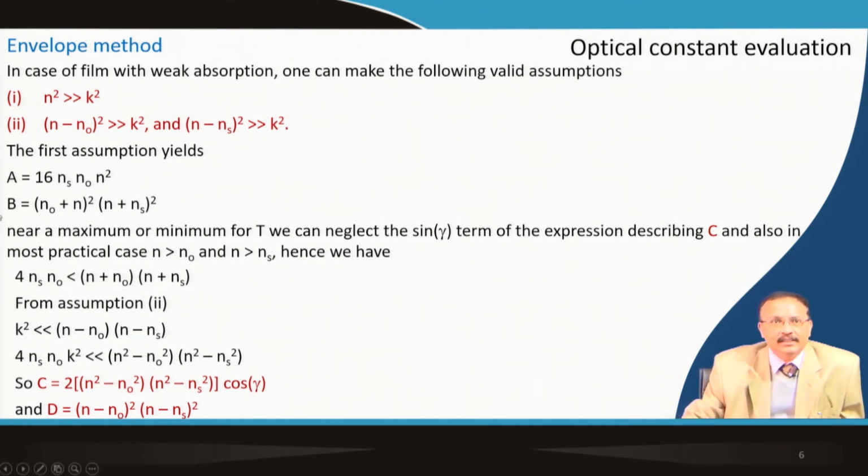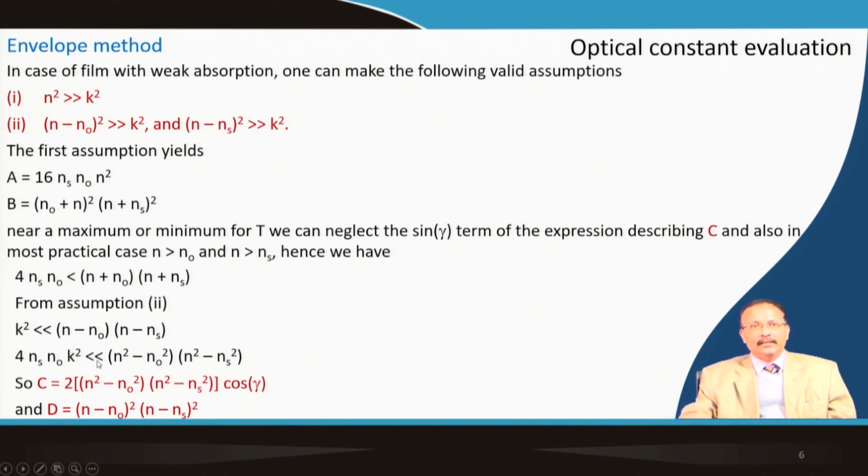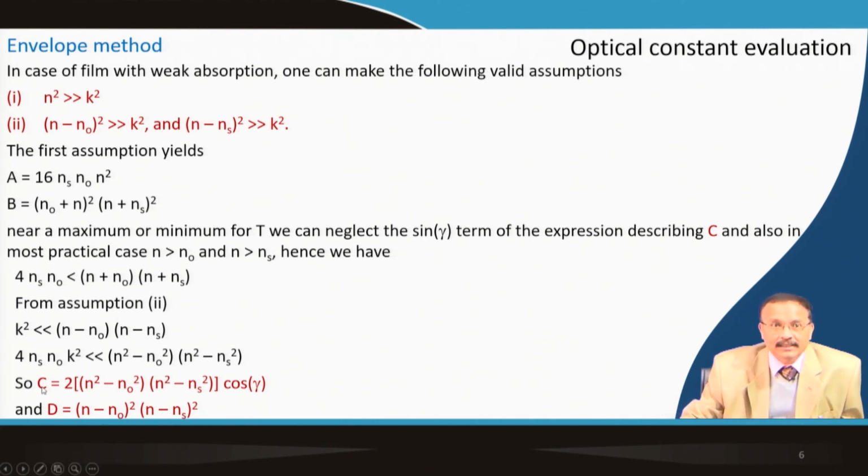So, if you fulfill this assumption, then this expression is valid, and if you take assumption 2, then these equations are also valid. You can work on this, and taking this simplified assumption, which is practically possible, you can derive the constant C in a much smaller, less complicated form, as well as the constant D, which I described in my earlier slide.